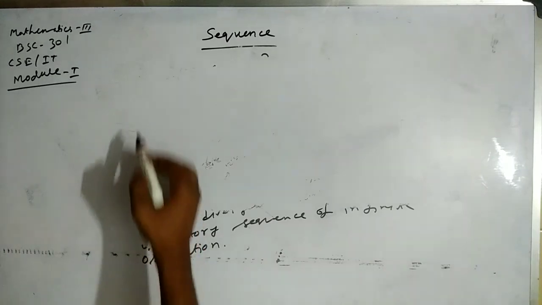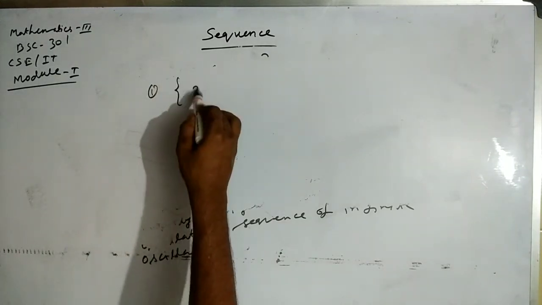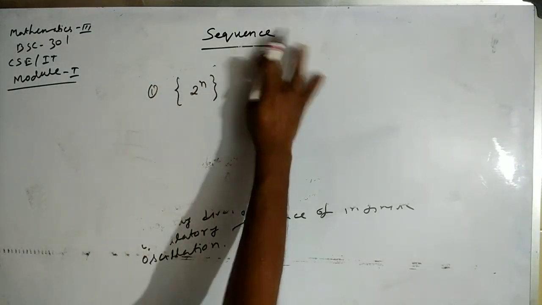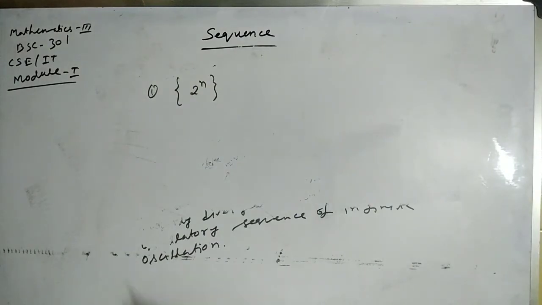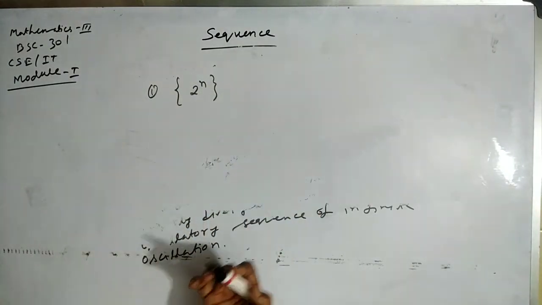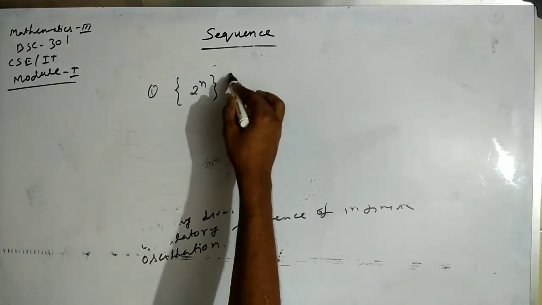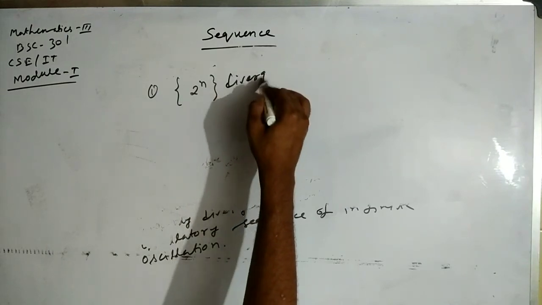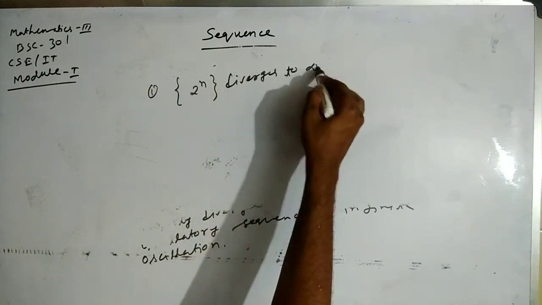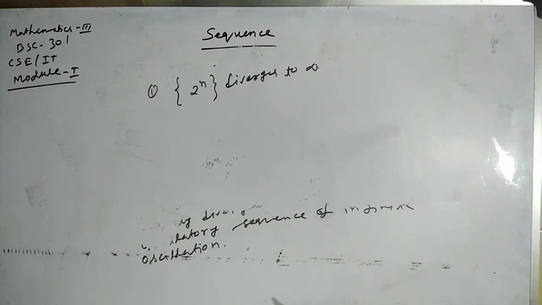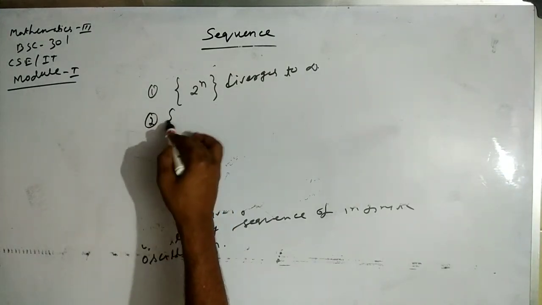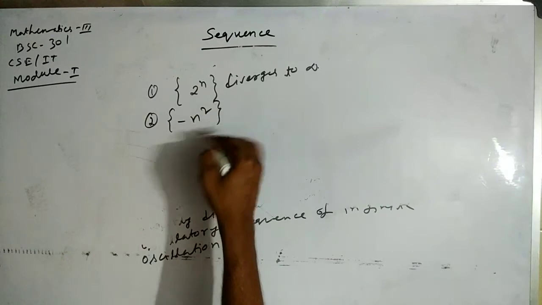Number 1, 2 to the power n. This sequence diverges to plus infinity. It is unbounded above. So this sequence can be called properly divergent. Okay. Number 2, minus n square.